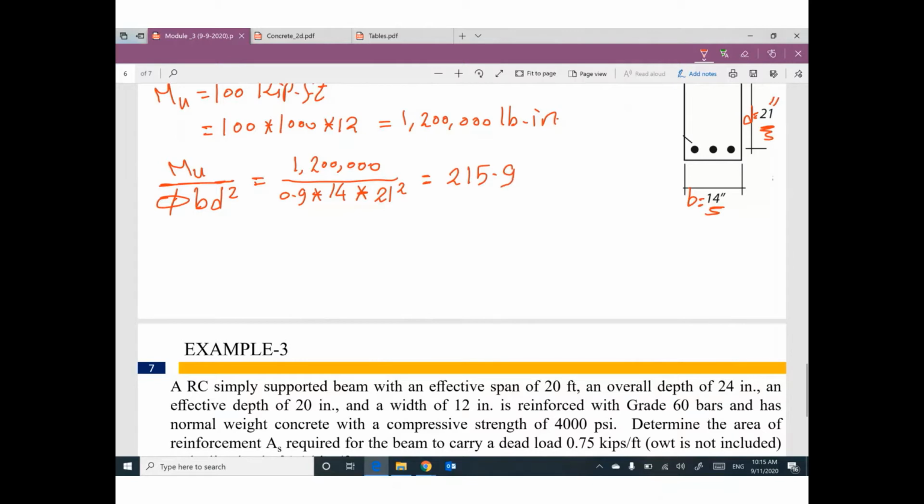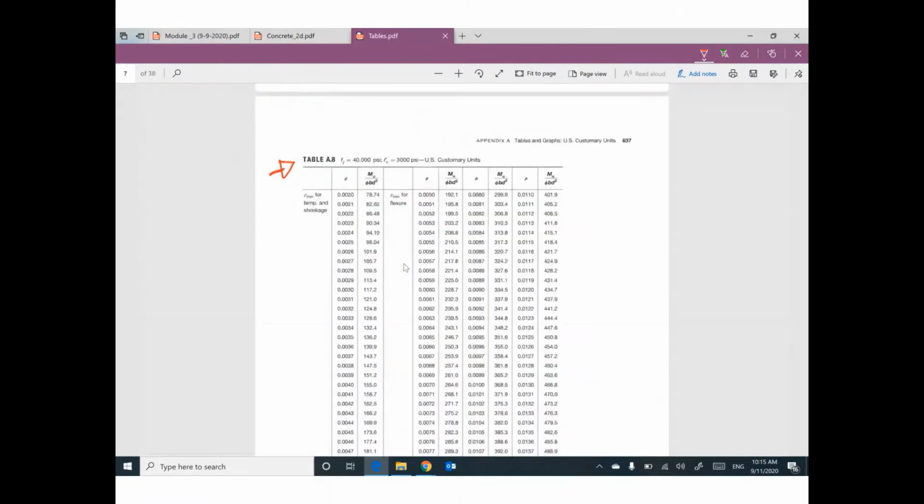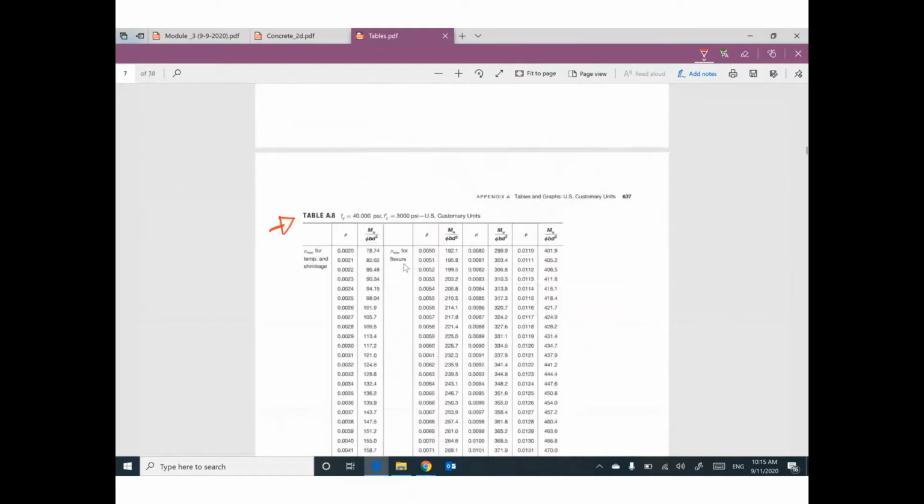So I need to go to a table to figure out the value of rho. You mentioned we have many tables. Let's start with the first one, A8. A8 only if your steel reinforcement has F yield 40,000 and F prime C 3,000. So I need to go back to my problem.